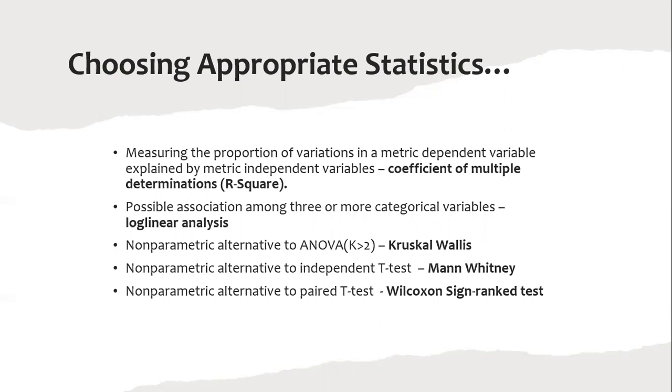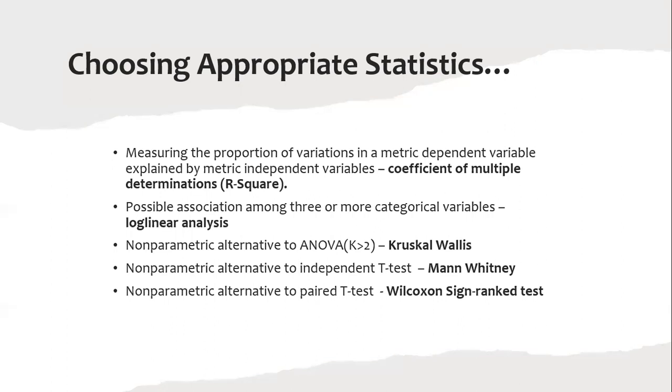Also, log linear analysis looks at possible association among 3 or more categorical variables. You remember that if you are looking at possible association between just 2 categorical variables, we are talking about using a chi-square.